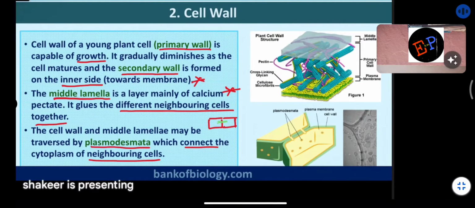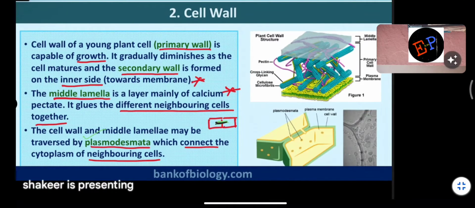That connection we call plasmodesmata. So this connection between two cells is called plasmodesmata. And what will this plasmodesmata do? It will connect the cytoplasm of neighboring cells. To pass information from one cell to another cell, there should be some passage, so plasmodesmata serves as the passage.